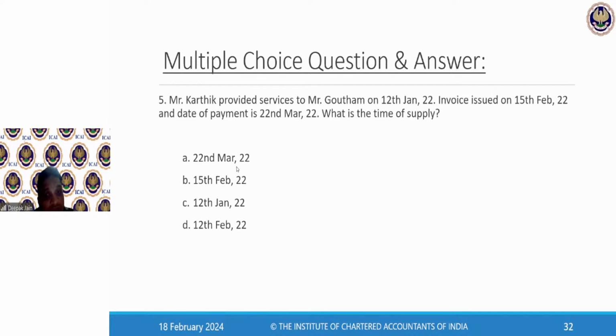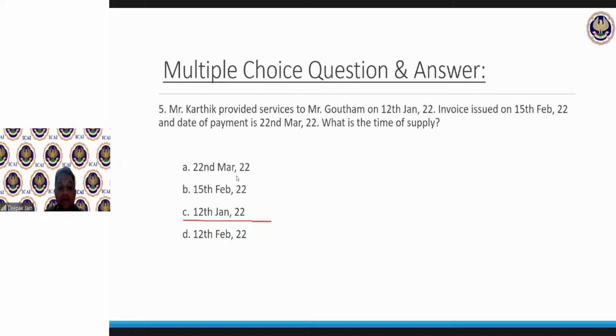But in this case, it is issued on 15th Feb. So the time of supply will fall back to the date of completion of service, which is 12th Jan. So the time of supply is 12th Jan 22. Okay, answer is C and not B.